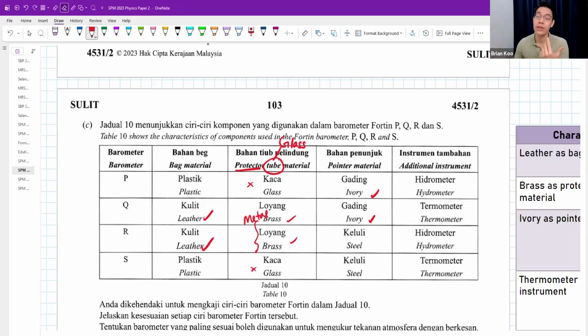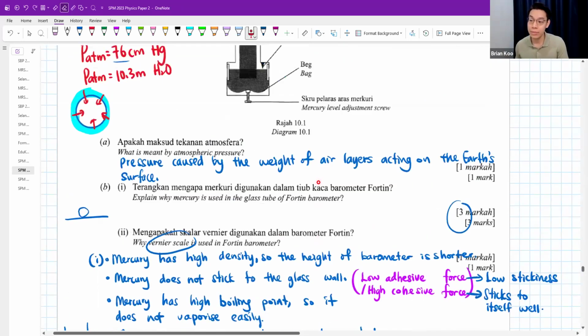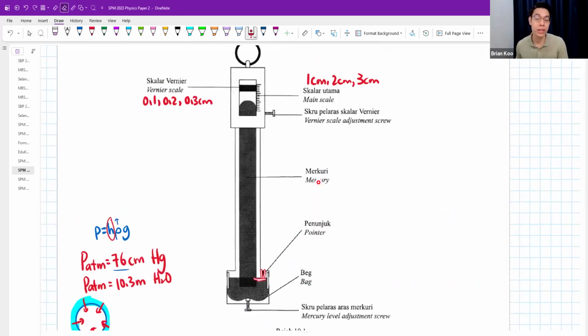But these days, other than ivory, you can also use materials like a very good kind of plastic or glass also can, because any material that doesn't react with mercury, then okay. If you put a metal, mercury is also a metal, it can be quite corrosive. Yeah, so I want to make sure that this pointer material doesn't react with the mercury.